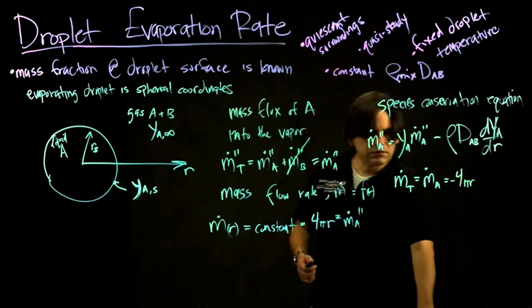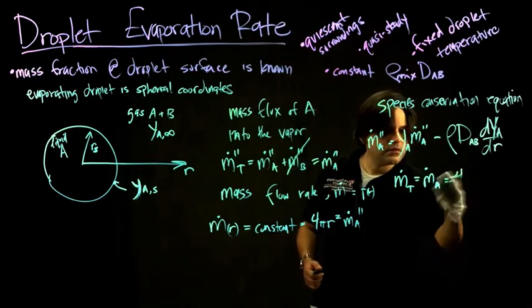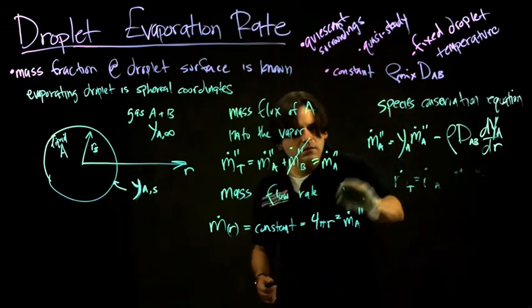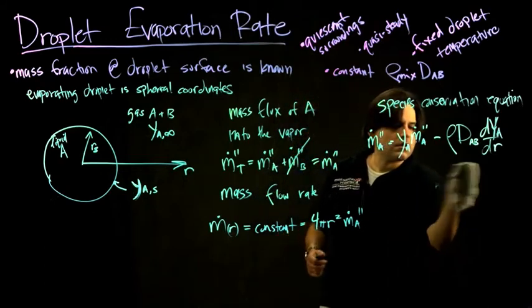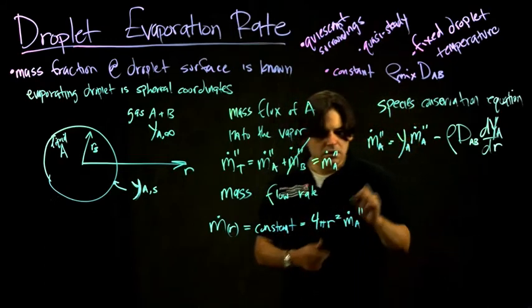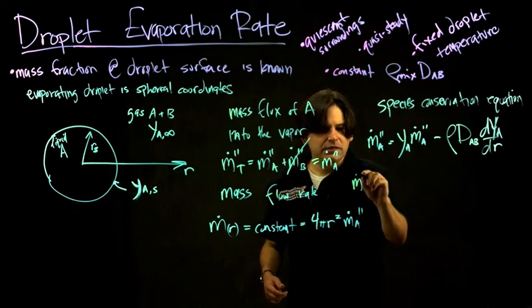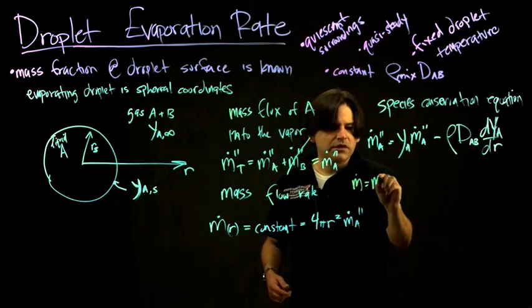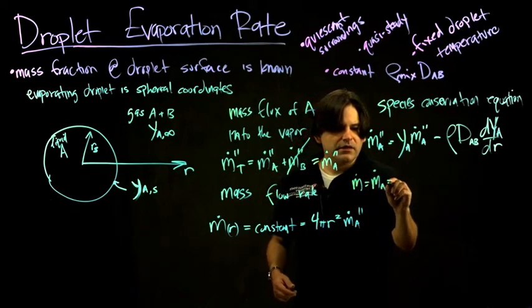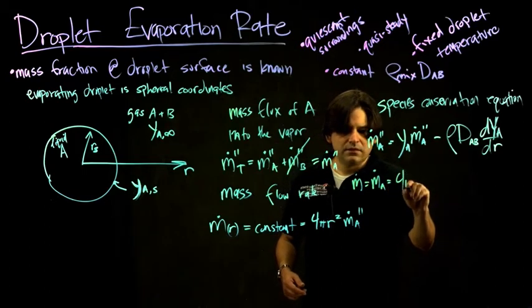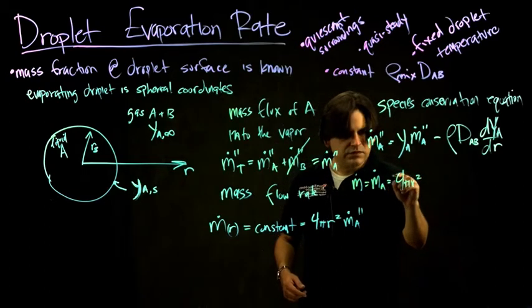I'm running out of space here. Let me rewrite it. So the total mass flow rate is only due to the mass flow rate of A. Plugging that in, there's a negative sign.